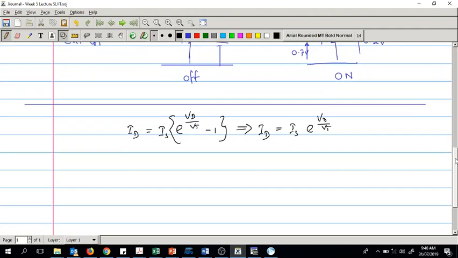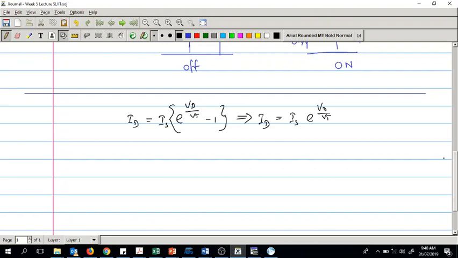Now when it comes to the base emitter PN junction, a similar characteristic has to be there. So IB will be equal to some Is, not necessarily the same thing, into e to the power VBE over Vt. And they have found that IC is proportional to IB and IC is equal to beta IB for the BJT.